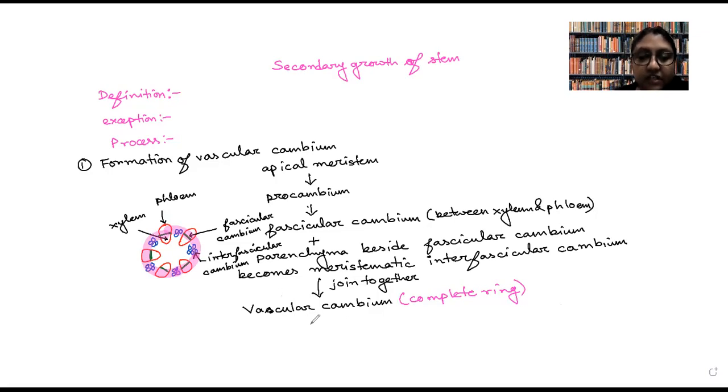Now this vascular cambium is made up of two types of cells. So what are these two types of cells? I will tell you.